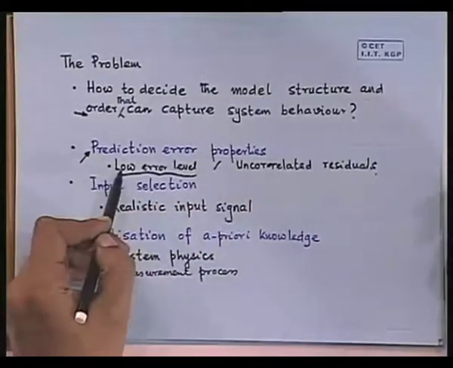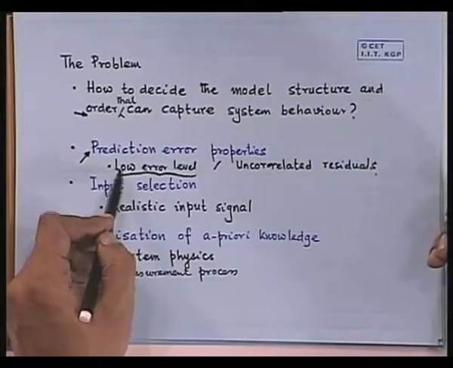While there may be some prediction error, you definitely want the residual to not be correlated with the input, because if it is correlated with the input, that means there is a part of the system dynamics which you are unable to explain using the model. So if you get residuals which are mutually uncorrelated and uncorrelated especially with the input, then you know that whatever residual you have does not contain any component of input. So you have explained all the input.